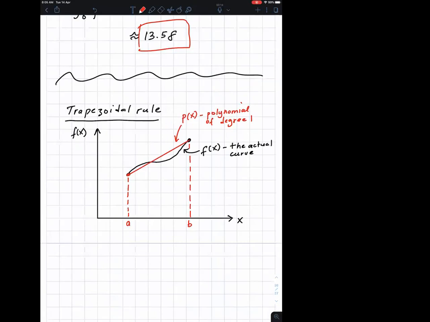Corresponding to the A value, you're going to get an f(A) value. Just like, you know, for every X value, there's a Y value. Similarly, for B, when X equals B, you get a corresponding Y value or f(x) value.